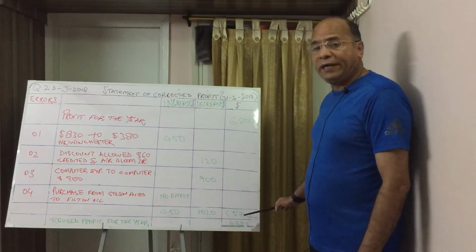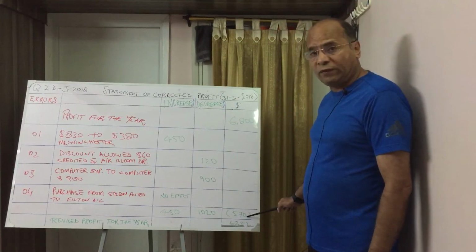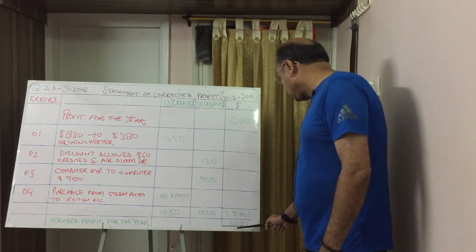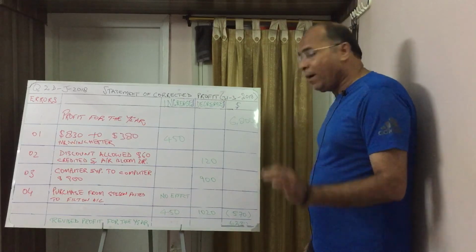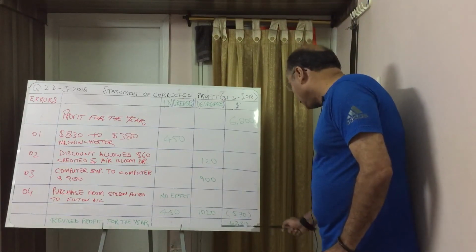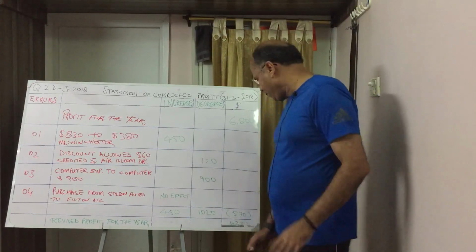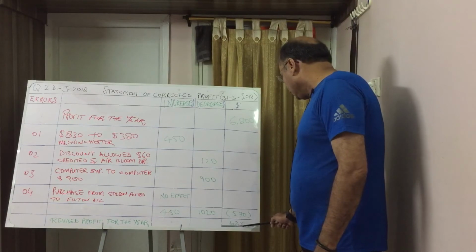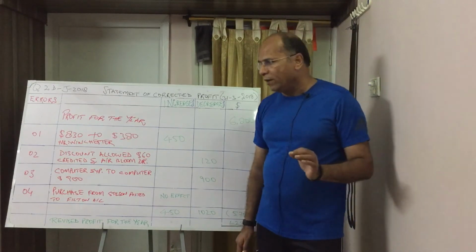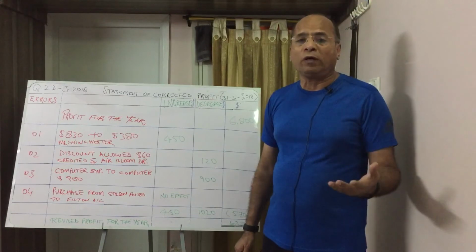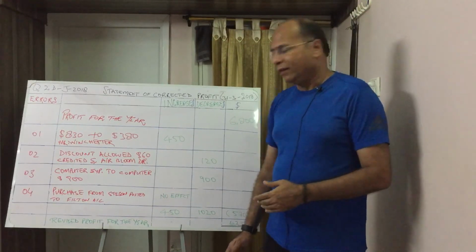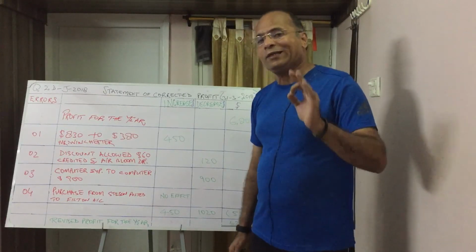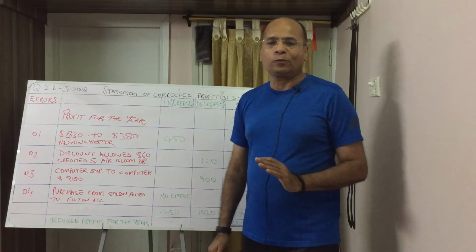So net decrease in the profit is 570. 6800 minus 570, it means 6230 is my final figure. I repeat, 6800 minus 570, it means 6230 is my final figure, and that final figure is showing that my adjusted profit is 6230. You understand? I hope so that you understand.